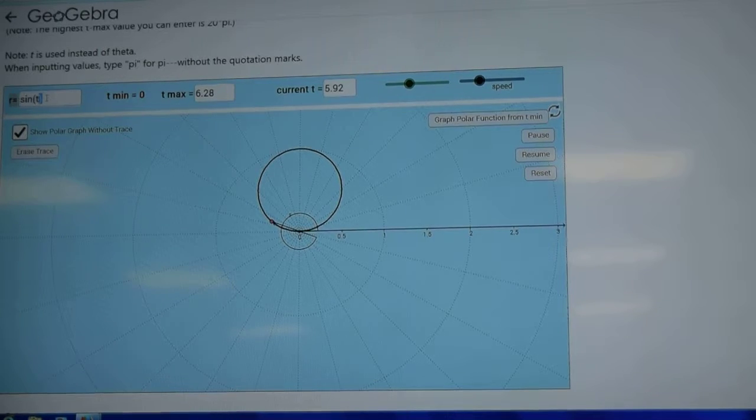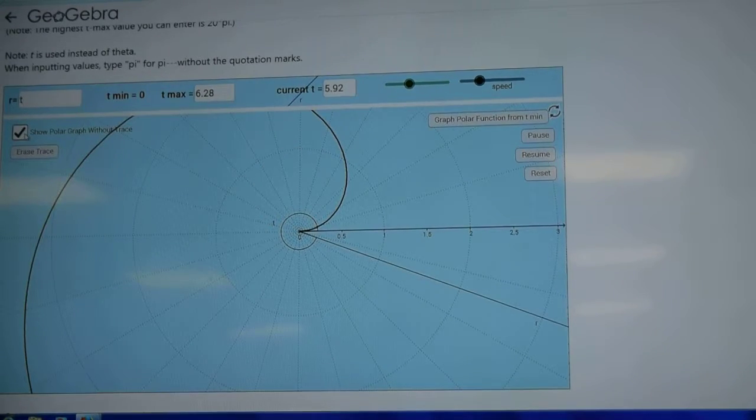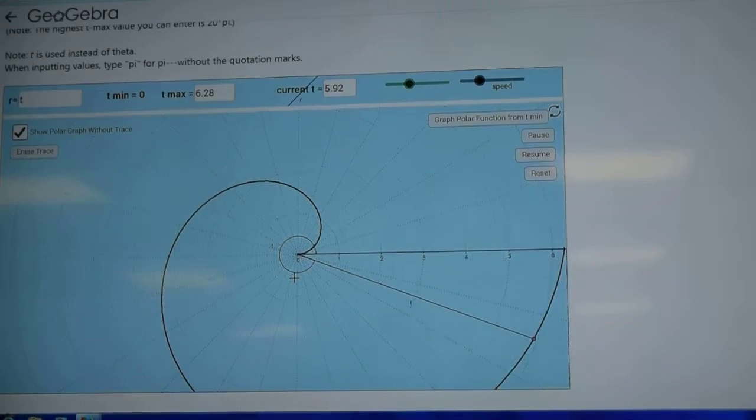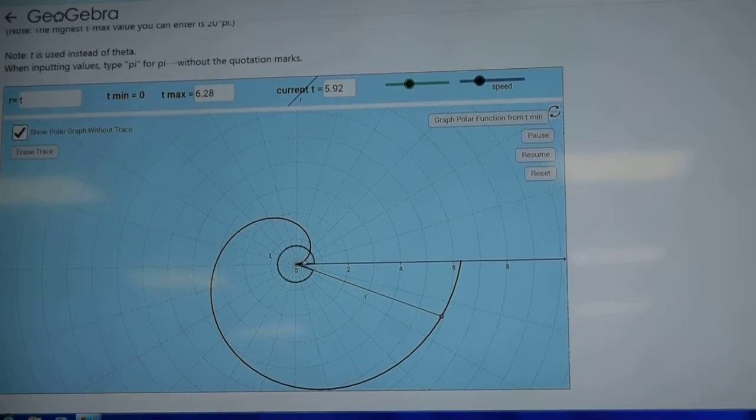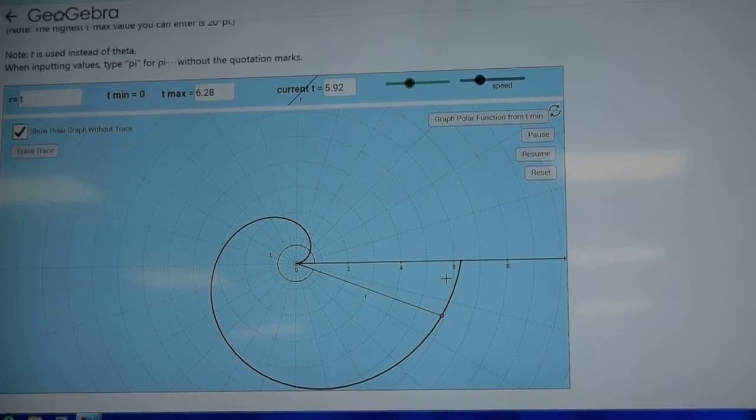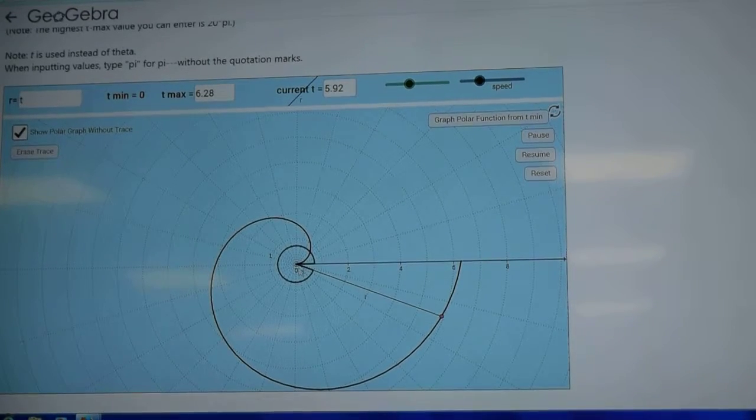And then another nice thing is, what if you have r equals t? R equals t gives you this spiral, because what happens is that the length increases along the angle.